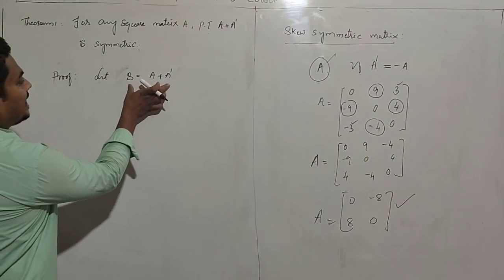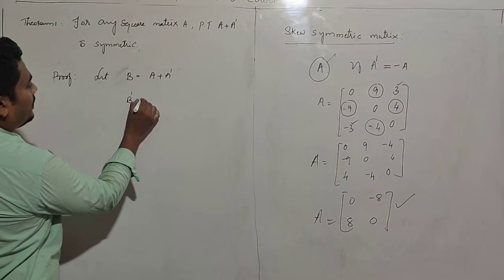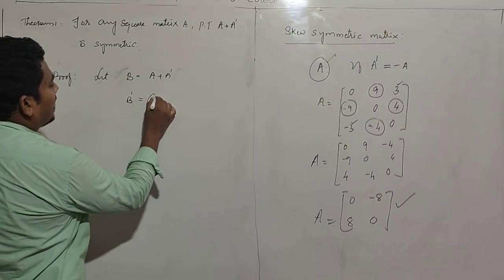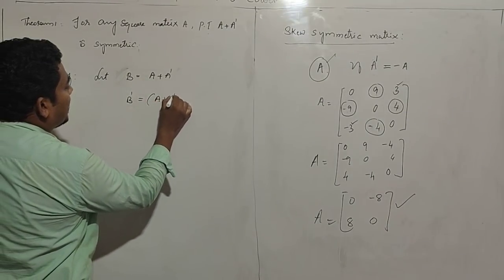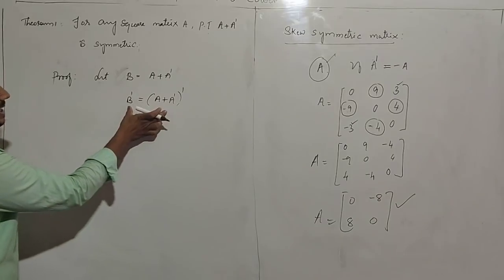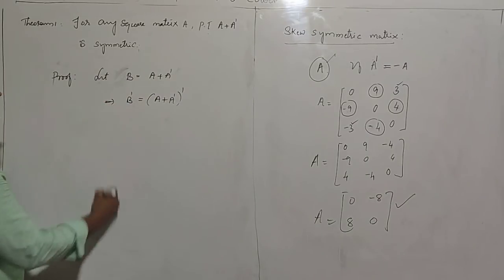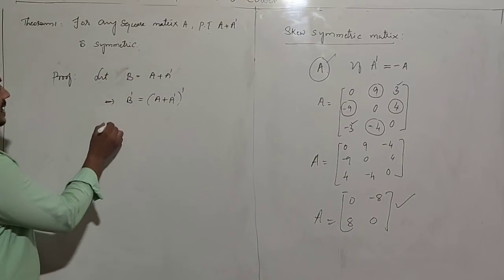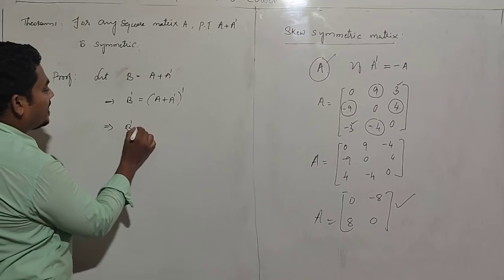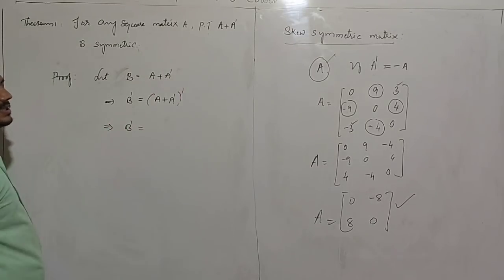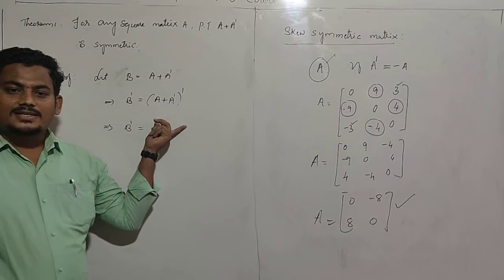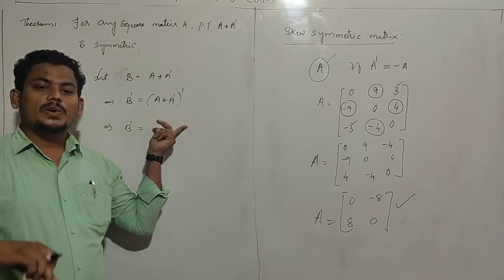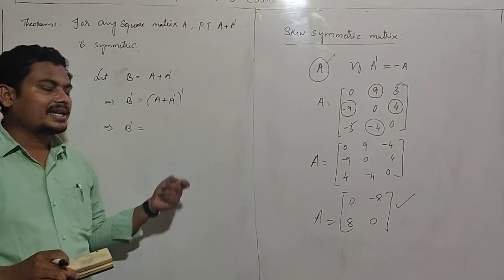So, taking transpose on both the sides, B transpose equal to A plus A transpose whole transpose. After that, B transpose remains as it is. In RHS, we have a property. What is A plus B whole transpose? A plus B whole transpose is A transpose plus B transpose.